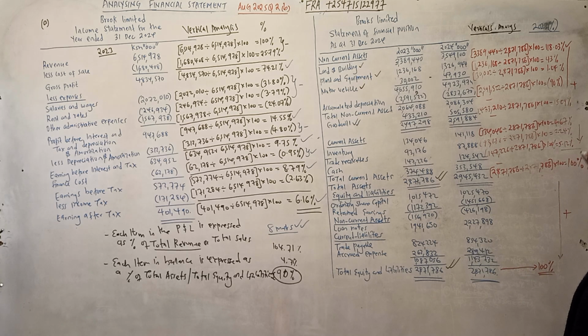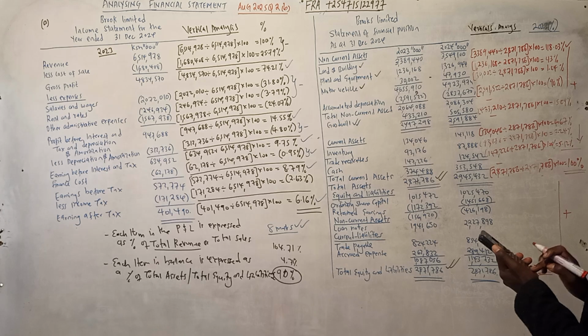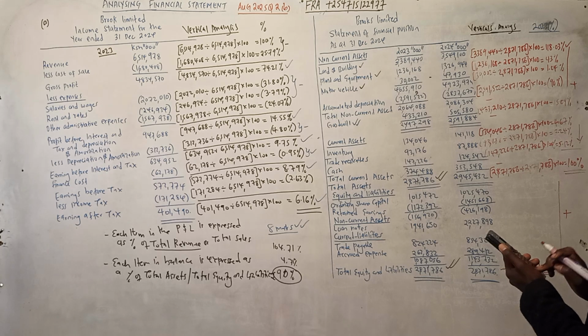Now when you add this together, you need to get 100%. So let us confirm. 118.03 plus 43 plus 1.04 minus 90 plus 15.09 plus 4.67 plus 3.24 plus 5.12. That is 100.19, which is approximately 100%.